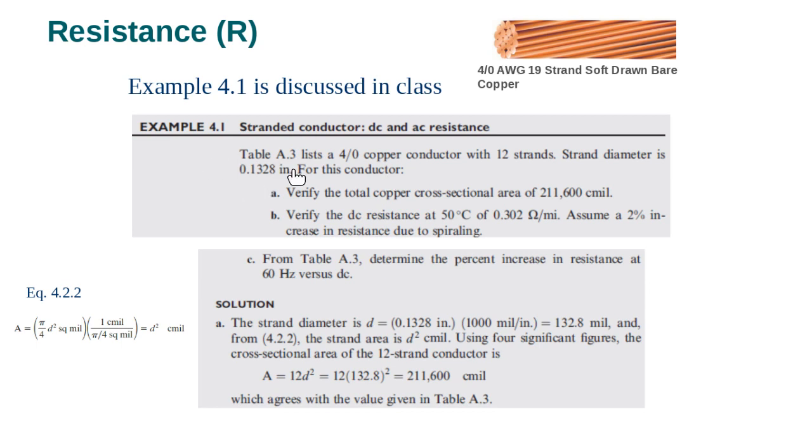We say table A3, this is appendix 3. It lists 4/0 copper. You see now it gives you the type of conductor it is, 4/0. Now think as an engineer, and this is what you will do as an engineer. You will be given tables, and from the tables you can read and work on them. So this is the idea now, to focus on how to read the table.